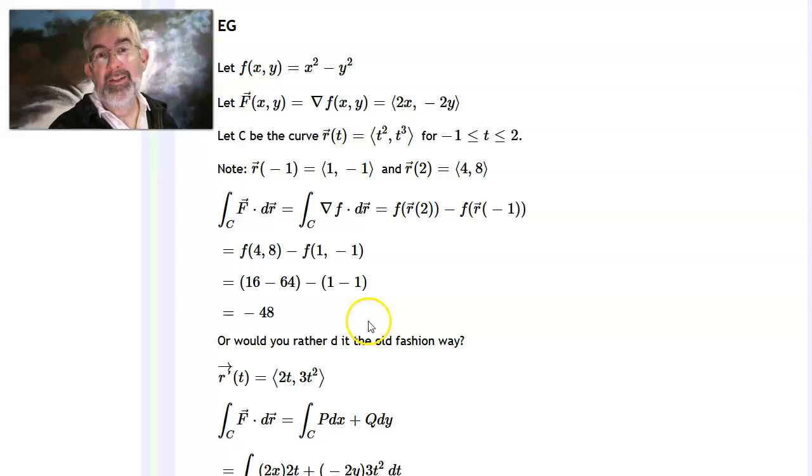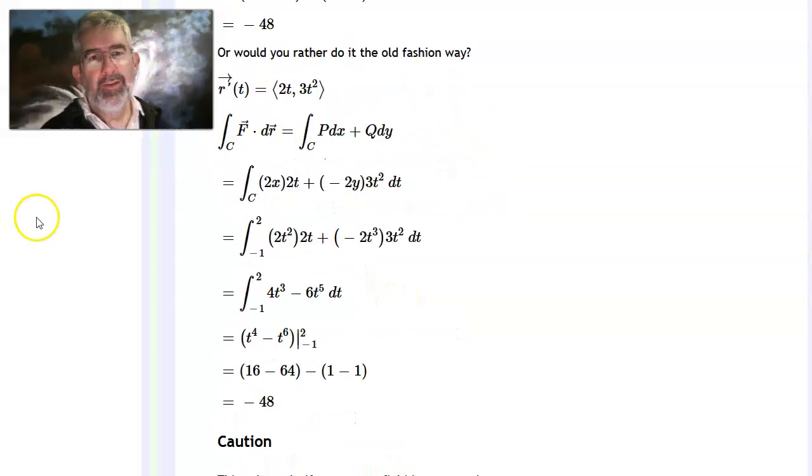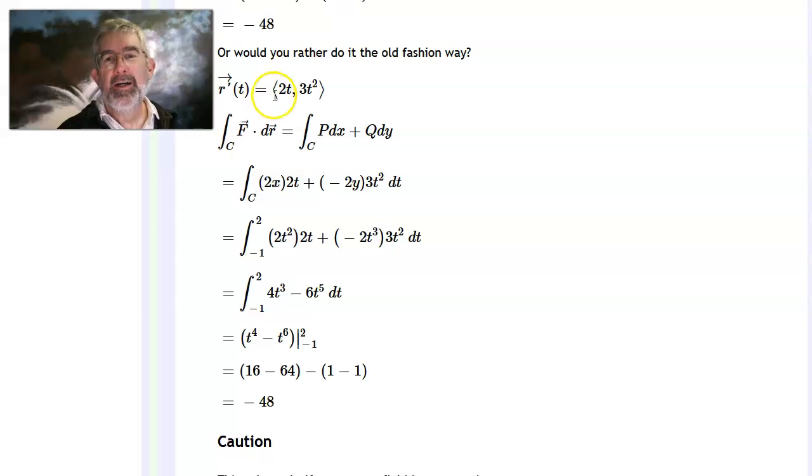Now, if I didn't know the fundamental theorem of line integrals, I would have to do it the old-fashioned way. We would first need to calculate r prime. Remember, r was t squared, t cubed, so r prime is 2t comma 3t squared.